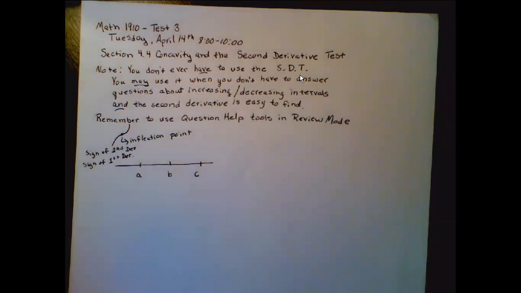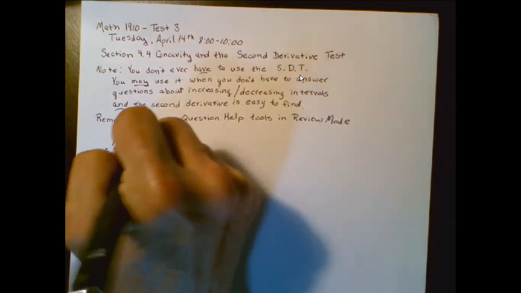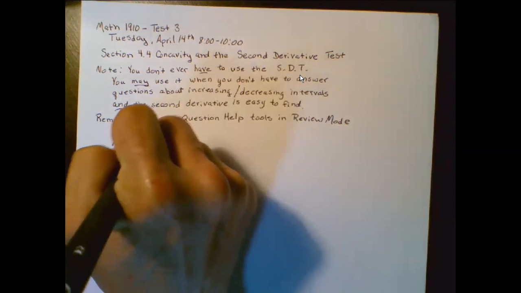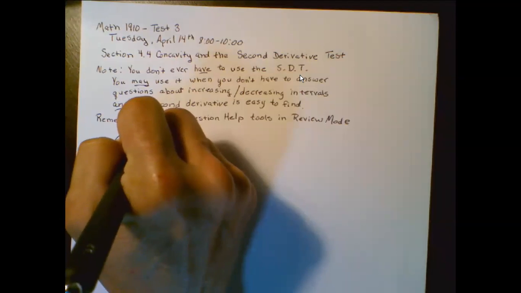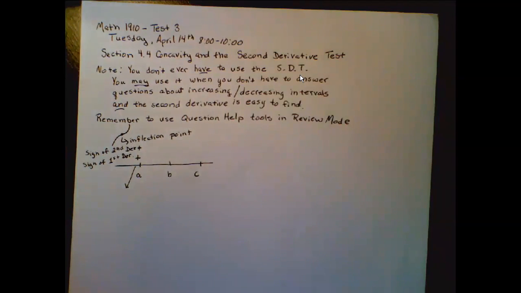Let's say the first derivative is positive and the second derivative is positive. What does that tell you about the function? I'm looking for words about increasing, decreasing, concave up, concave down.